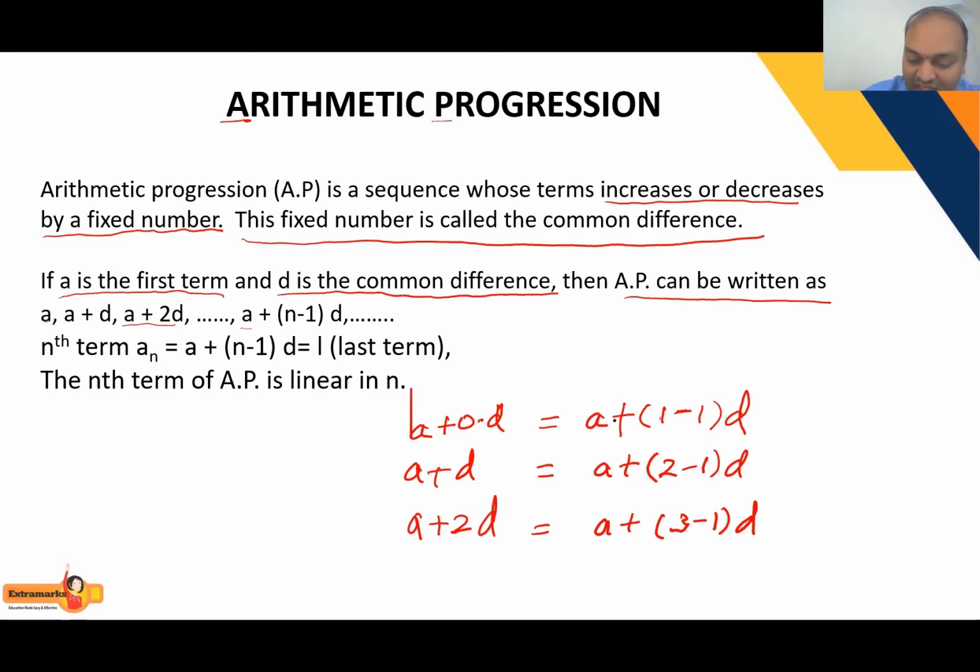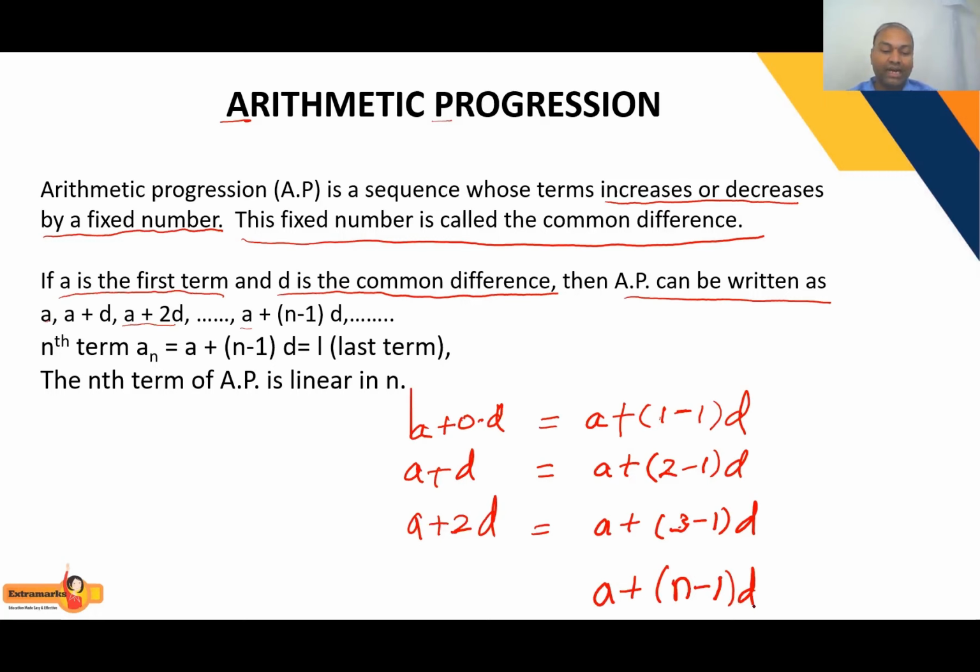Here you see in these three examples a is fixed. So in nth term also you write a plus. Here first term 1, second term 2, third term 3. Then obviously nth term will be n. So write here n minus 1 into d.